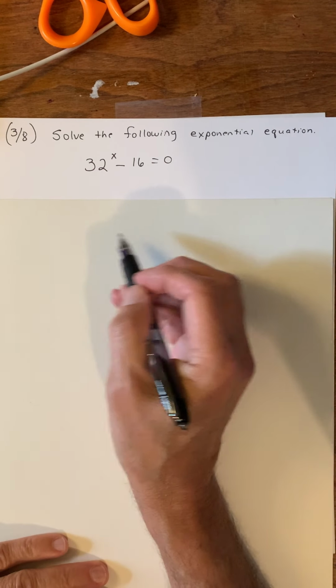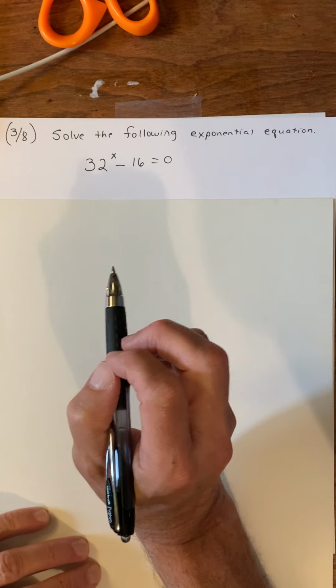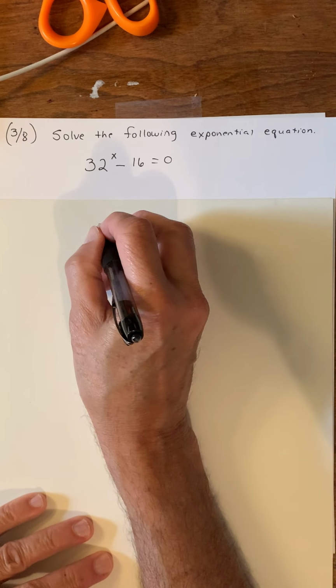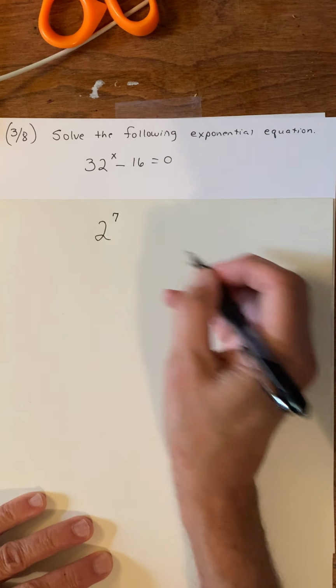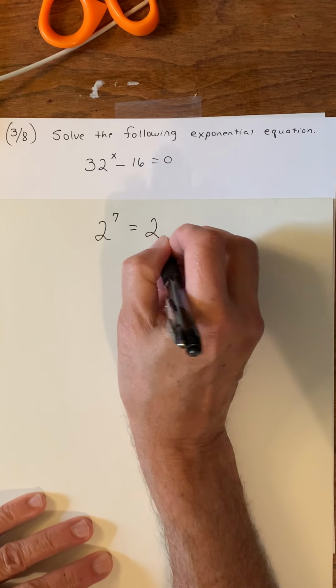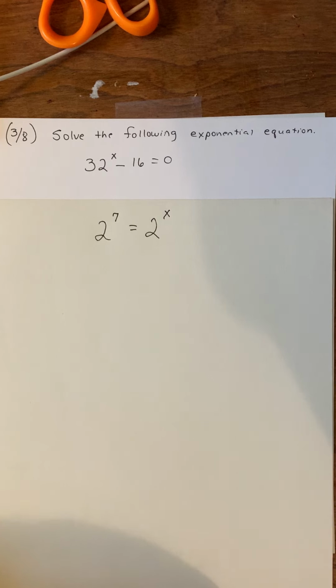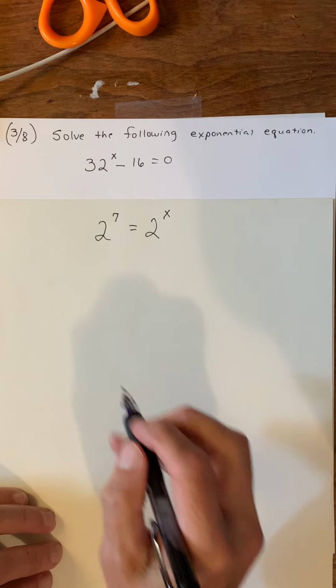Let me just write an example here, and you see if you can figure out exactly what I'm going to say. If I have something that says like 2 to the 7th power equals 2 to the xth power, care to guess what x is equal to? That's exactly right. It's going to have to equal 7. And here's the principle.